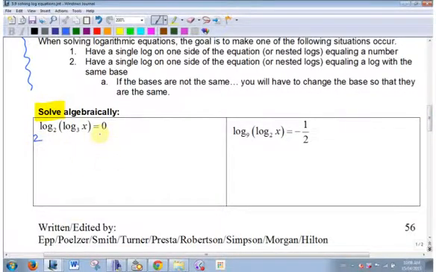Whatever I do to one side, do to the other side? Why the heck not, right? Make everything a power of 2. As long as you do it to both sides of the equation, you can do it. And I want to do that because 2 to the power of log base 2 is just this thing.